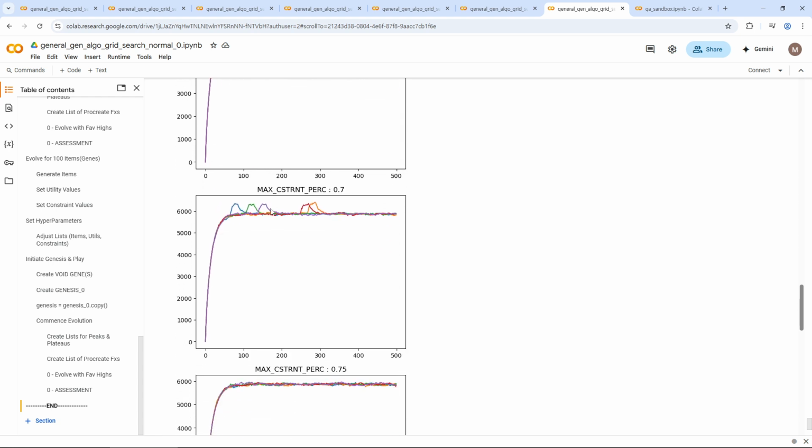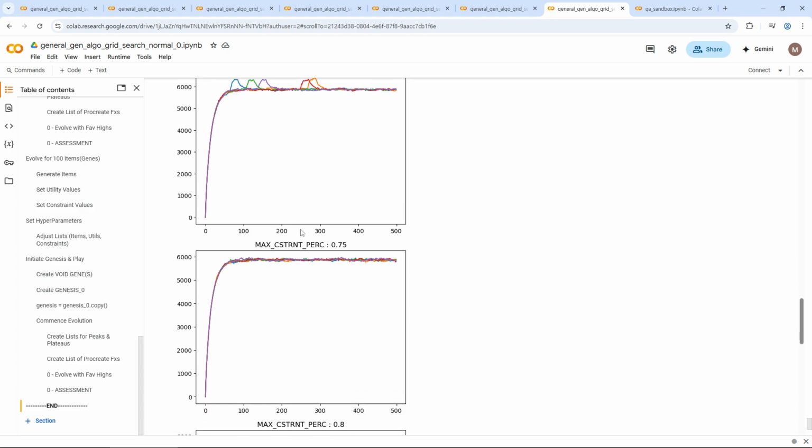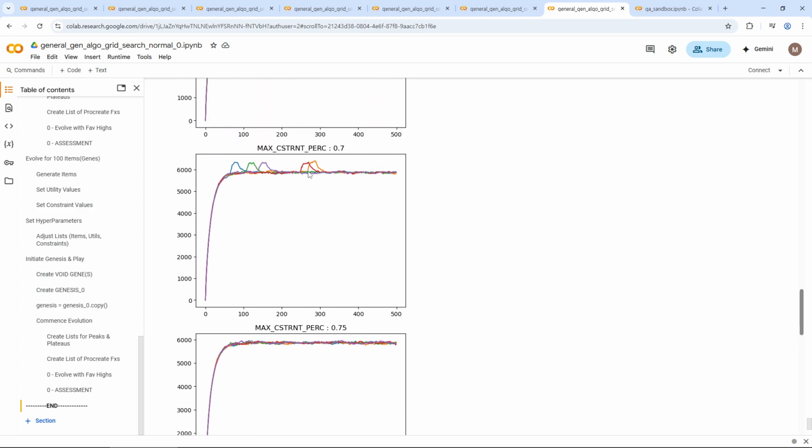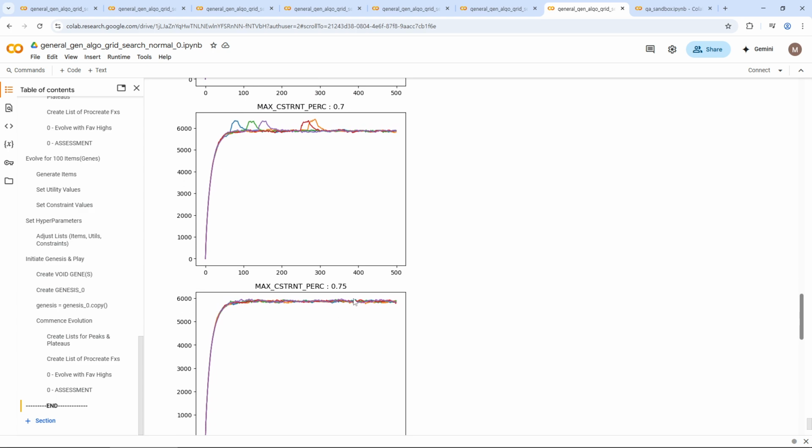The dips did happen. And here at 70%, the dips did happen. But when the max constraint percentage went from 70% to 75%, the plateau is still at 6,000.